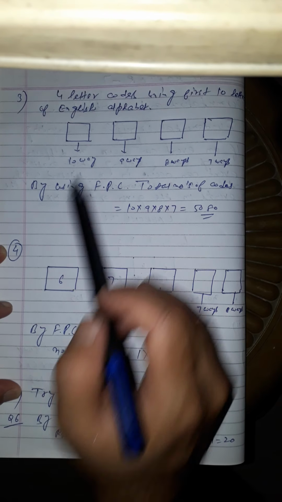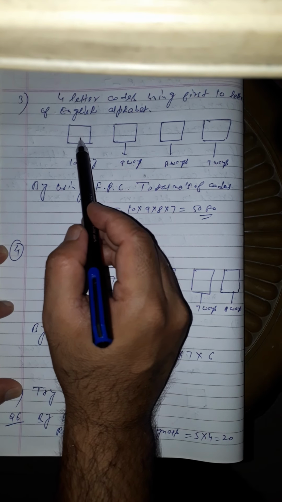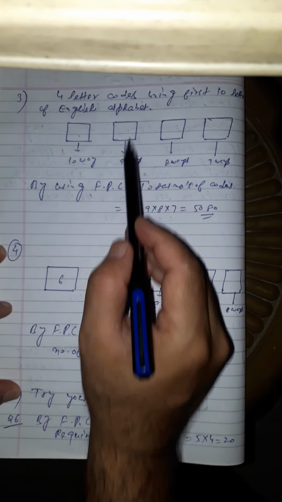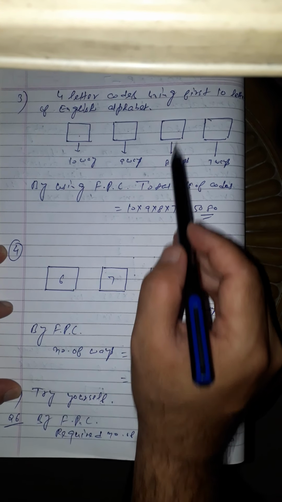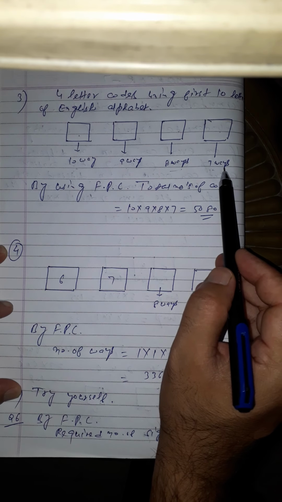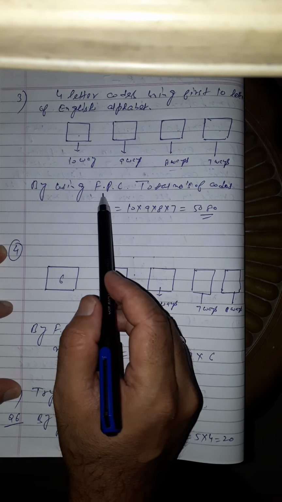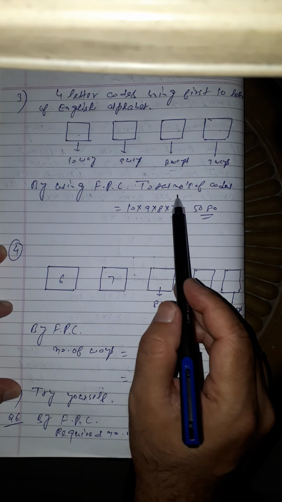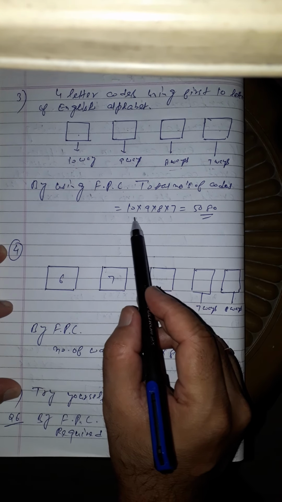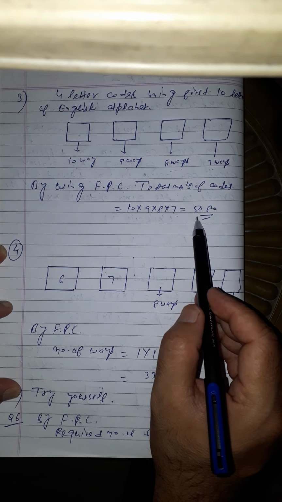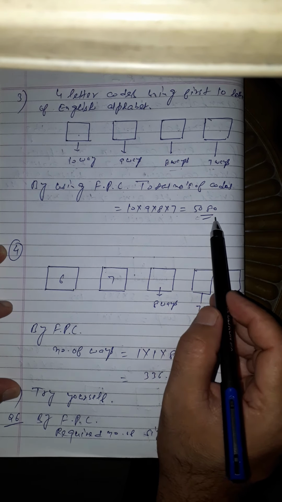For the first letter there are 10 ways, for the second 9 ways, for the third 8 ways, and for the fourth 7 ways. By using the FPC, the fundamental principle of counting, the total number of codes will be 10 into 9 into 8 into 7, that is equal to 5040 then students.